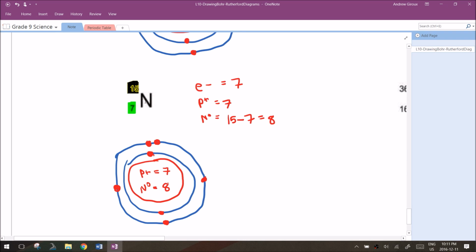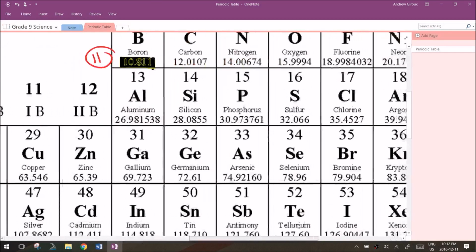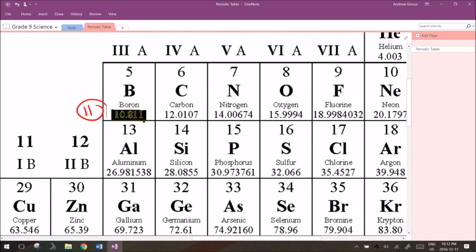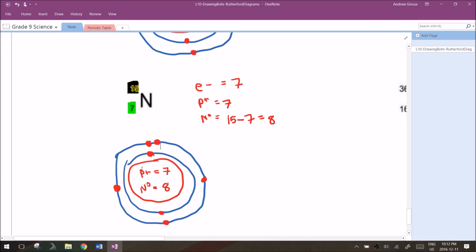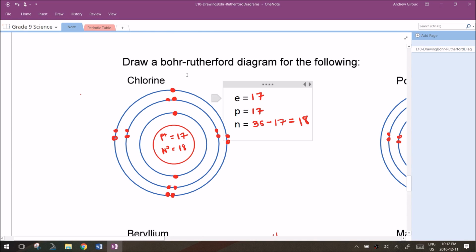So notice that we were doing the Bohr-Rutherford for an isotope of nitrogen that has a mass of 15. If we look on the periodic table, the average atomic mass is actually 14, and that's because there's slightly a few different types of nitrogen, each with a different mass, and so this number here again is the average of those different masses. And the reason that we use the isotope notation is because we're drawing a very specific isotope. Keep in mind that if you're not given isotope notation, you're just going to use the average atomic mass that's given on the periodic table.